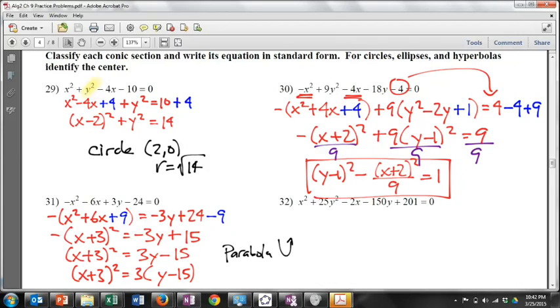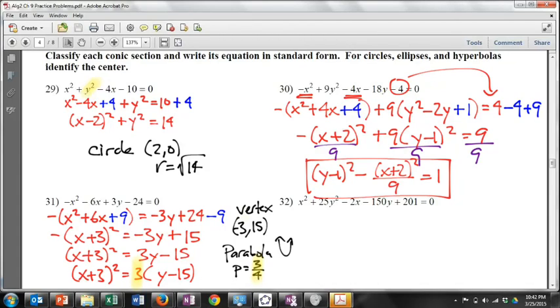Actually, it's going to be going up because p is equal to 3/4. 3 divided by 4, that's my value of p, 3/4. The vertex, actually, in this case, will be at negative 3, comma 15. Let's write that in. Negative 3, 15 is my vertex.